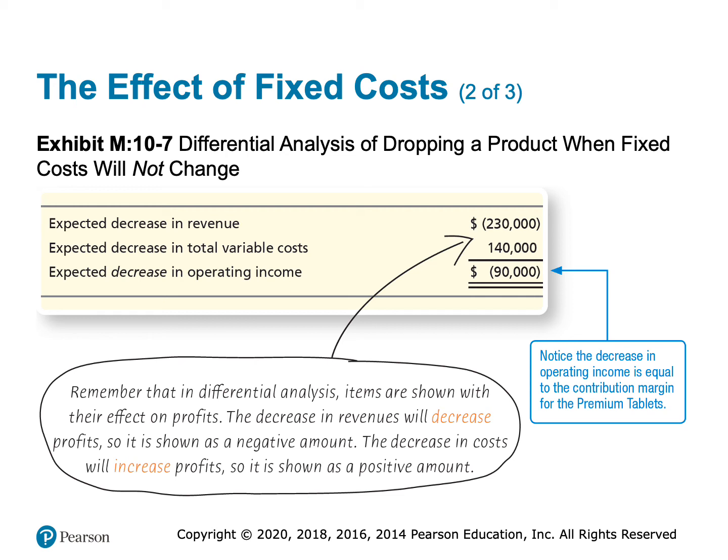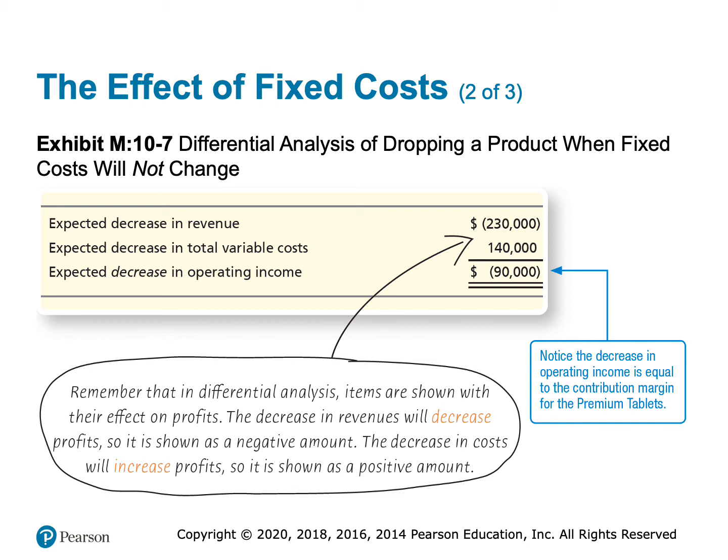So that's what we looked at on the previous slide. Now notice the decrease in revenue is a negative number. That's money that we're losing, and the cost savings is treated as a positive number. But this makes our overall profit go down by 90,000, which is what we just saw on the previous screen.